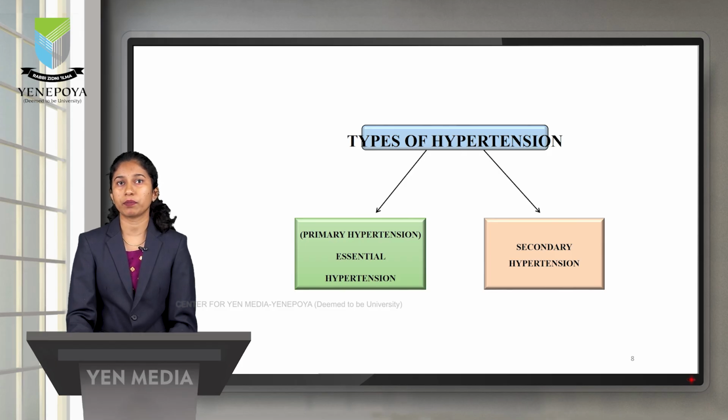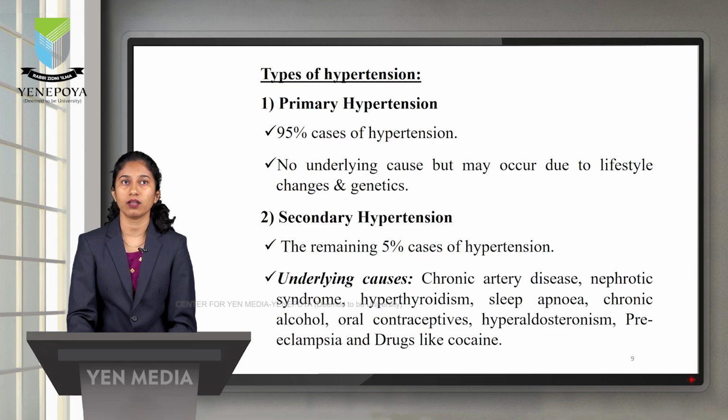Next is types of hypertension. Hypertension is of two types, that is primary hypertension, which is also called essential hypertension, and secondary hypertension. Coming to primary hypertension, 95% of the cases of hypertension are essential or primary hypertension because the exact underlying cause is not known, but they may occur due to lifestyle changes and genetics.